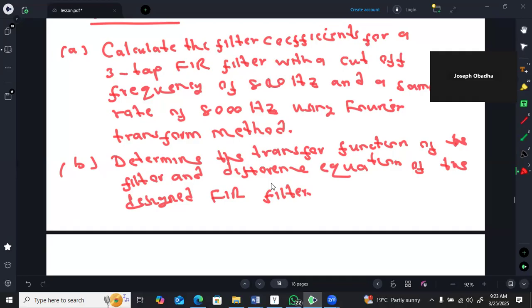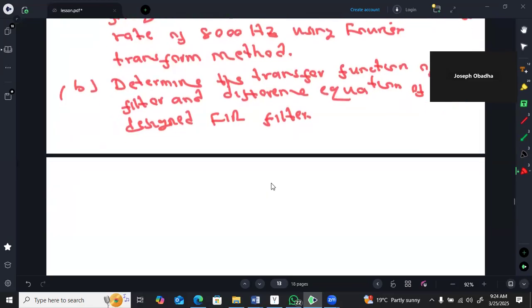You would notice that it is a straightforward design because most of the times you do not have to prove the equation for the transfer function of the filter. So let's have our solution.